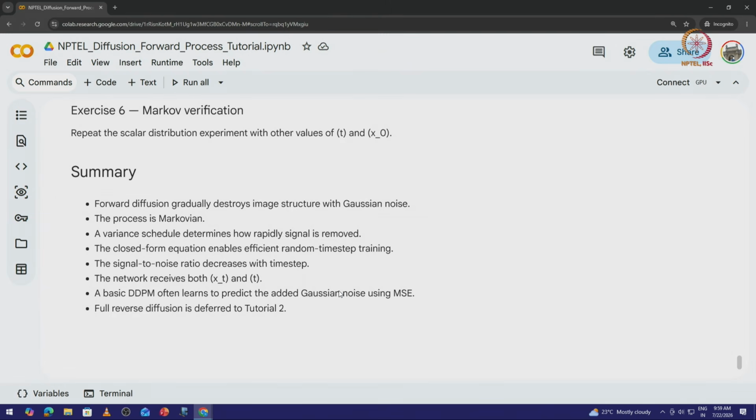The signal to noise ratio decreases with time step. The network receives both xt and t when it is trying to predict the noise for a particular time step t. A basic DDPM often learns to predict the added Gaussian noise using the MSE error that it tries to minimize using a neural network.